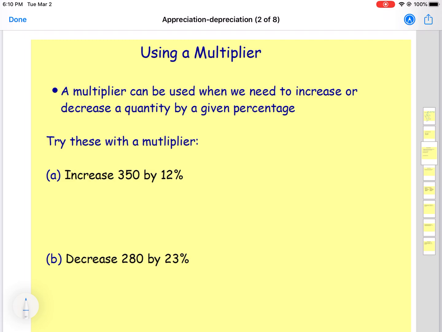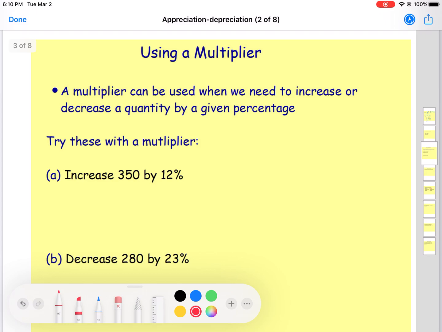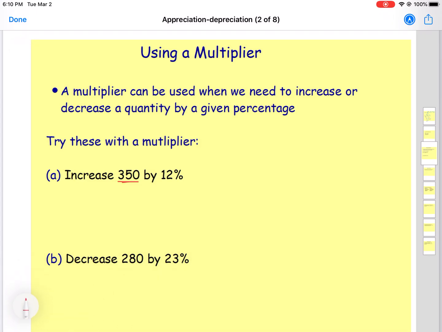So a multiplier can be used whenever we need to increase or decrease a quantity by a percentage. So in this case, what we do is we start with the original value and we assume that the £350 is equivalent to 100%.